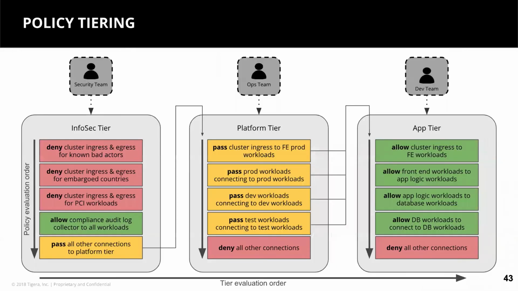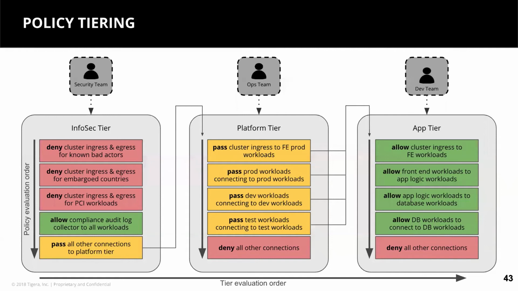One way to think about this is setting up policies in tiers. The InfoSec team would want to make sure that any policies that they're creating would take precedence over any policies that got delegated to other groups. Things like putting deny policies in for specific embargoed countries and known bad actors on the internet. Things about relationships for PCI workloads.